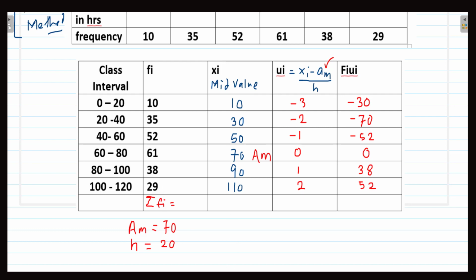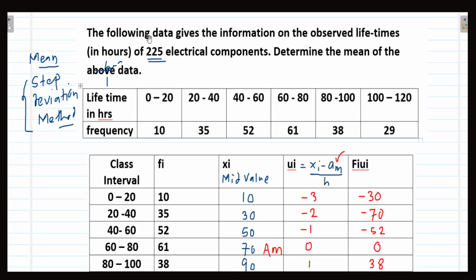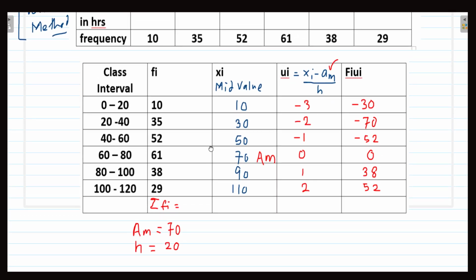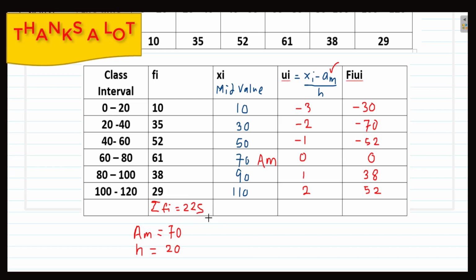Just go through the question and see what is given. It is given as 225. So the total frequency is given as 225. So write 225 here without doing the addition. So summation of fi is 225.